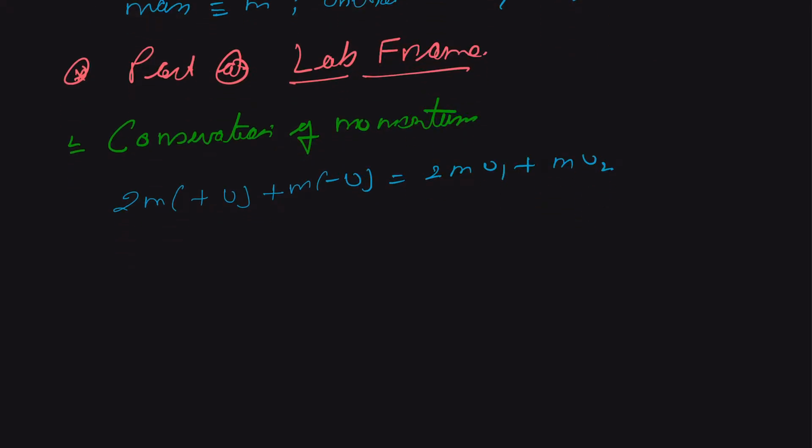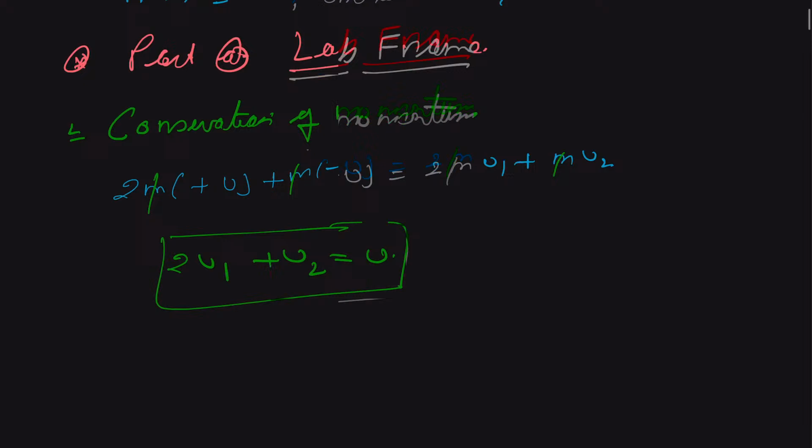And the right side we can solve it. We can cancel out this m throughout. So we get 2v minus v equals 2v1 plus v2, so we can write this as 2v1 plus v2 is equal to v. So this is the first equation.